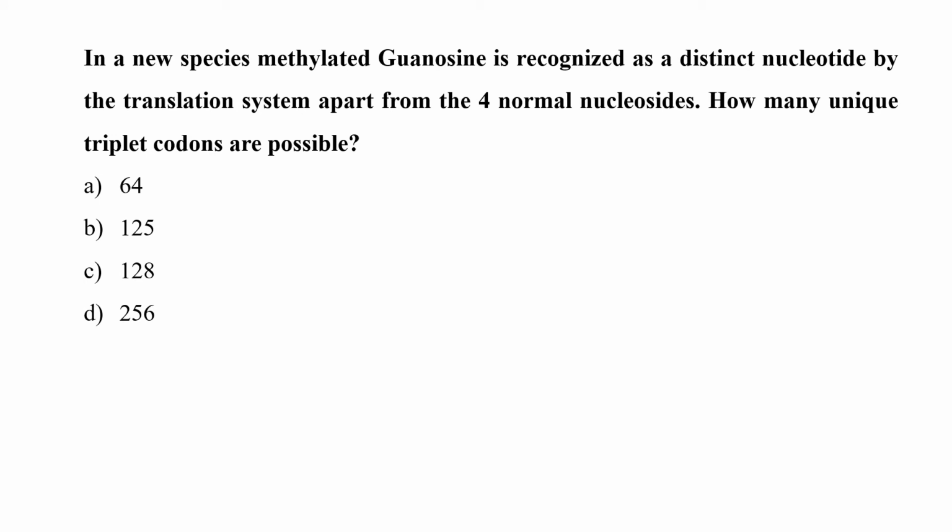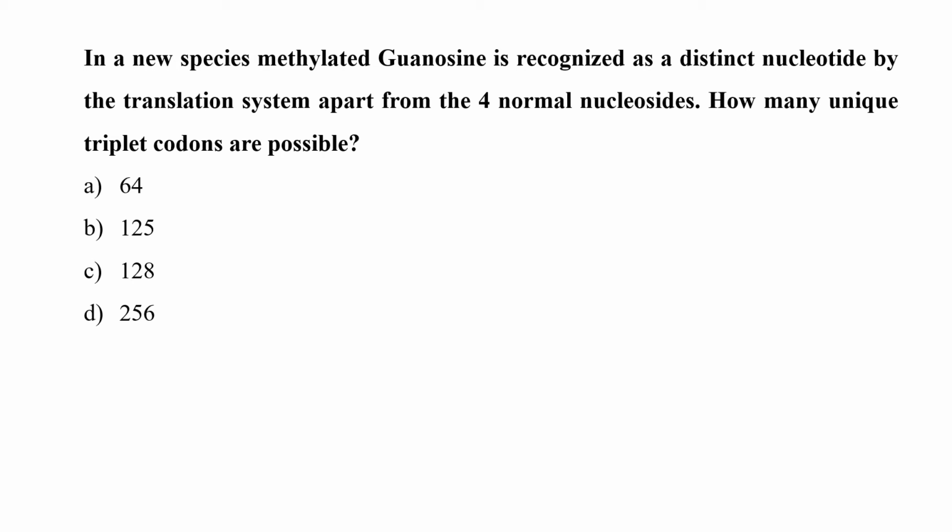Our next question is, in a new species, methylated guanosine is recognized as a distinct nucleotide by the translation system apart from the 4 normal nucleosides. Now, how many unique triplet codons are possible? According to this question, apart from the conventional four bases, U, C, A and G, there's another base, the methylated guanosine, which is considered as a unique base for formation of genetic codes.